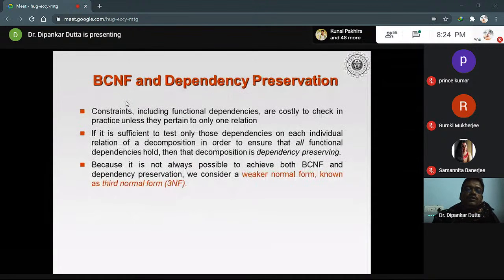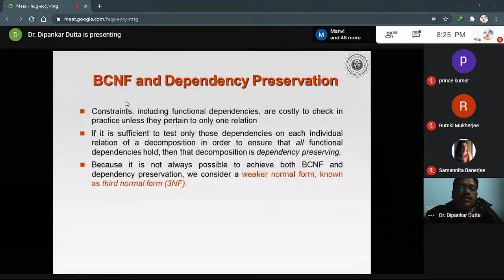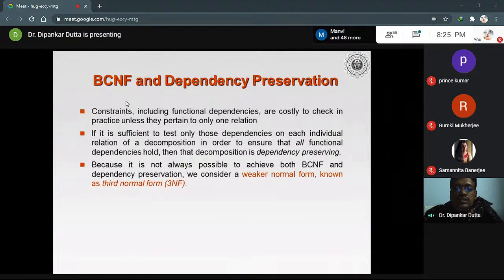Constraints including functional dependencies are costly to check in practice unless they pertain to only one relation. If it is sufficient to test only those dependencies on each individual relation of a decomposition in order to ensure that all functional dependencies hold, then the decomposition is dependency preserving. Because it is not always possible to achieve both BCNF and dependency preservation, we consider a weaker normal form known as third normal form.